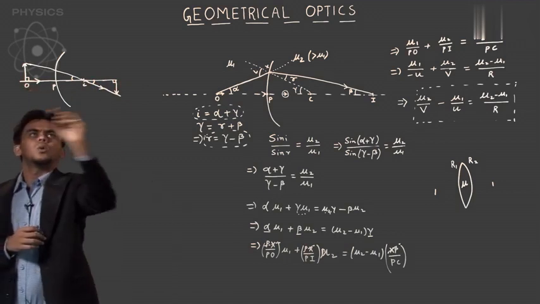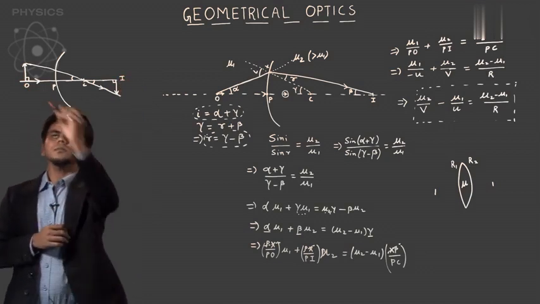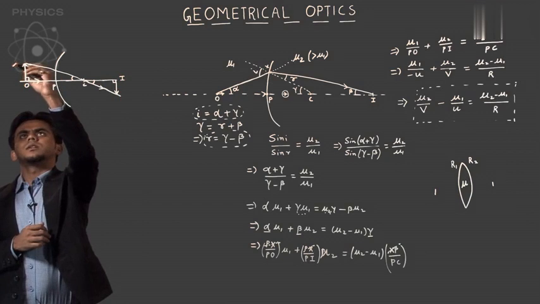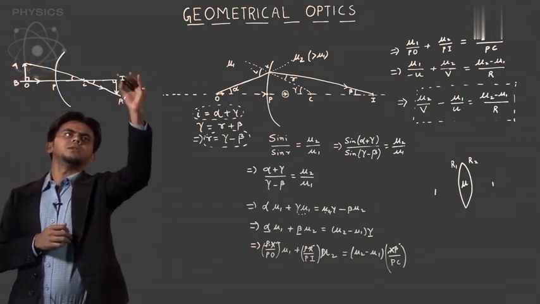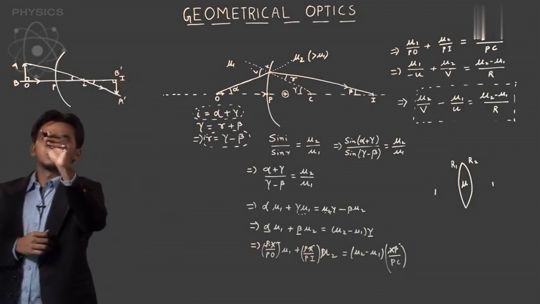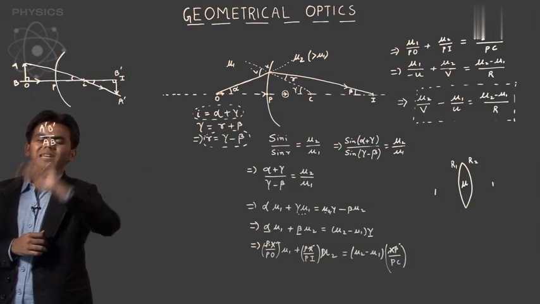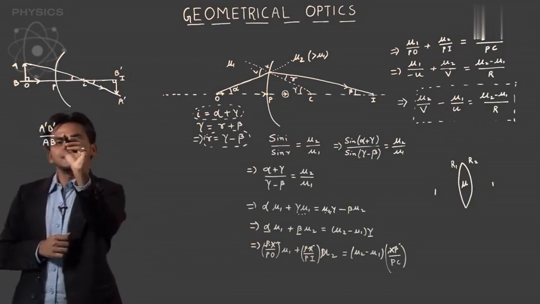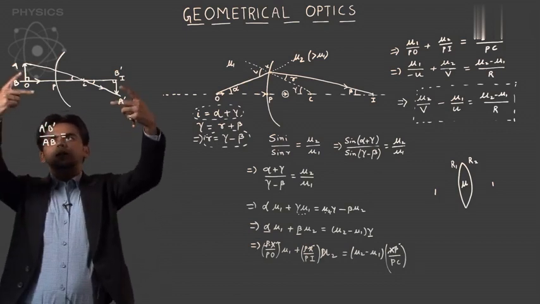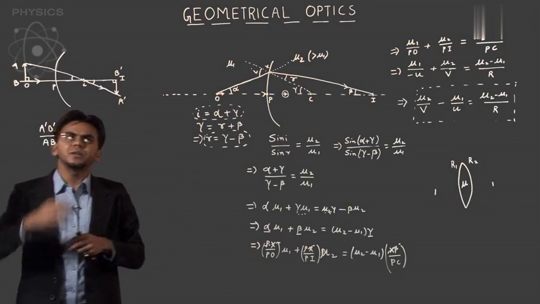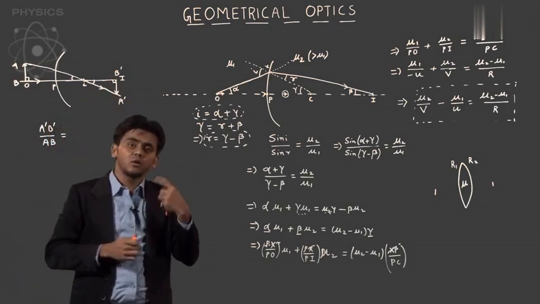If I take this as O and this as I, what I would get is, if this is your AB and this is your A prime, B prime, so A prime, B prime upon AB is equal to, in this situation, their orientation is reversed. It is vertically inverted, which means I'll have to account for that.